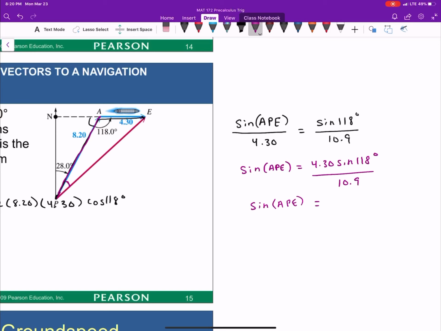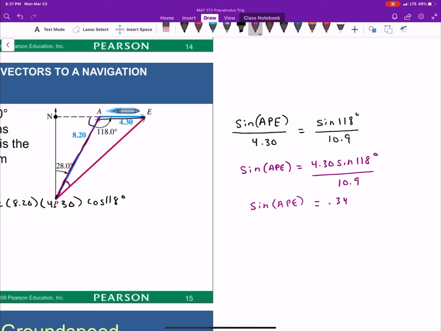We should get 0.34831877752. So check your calculators, make sure you get that.